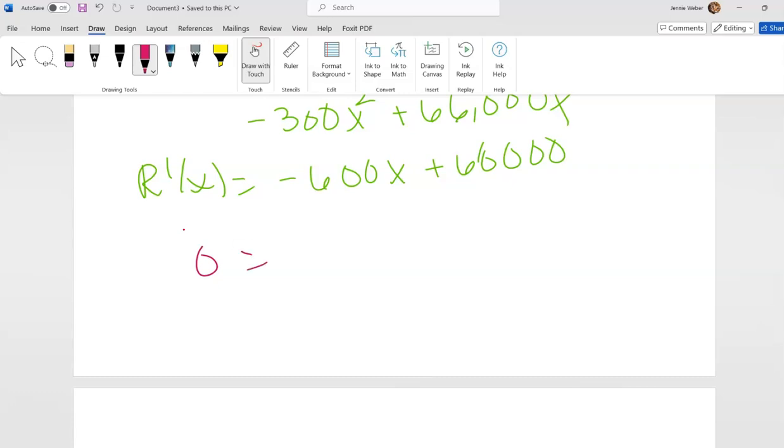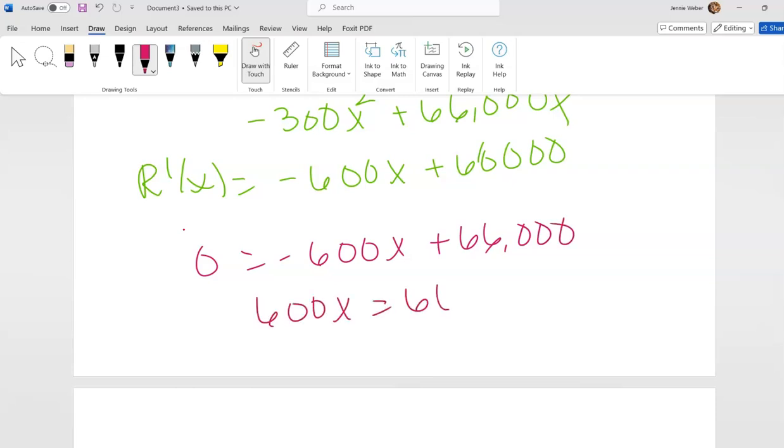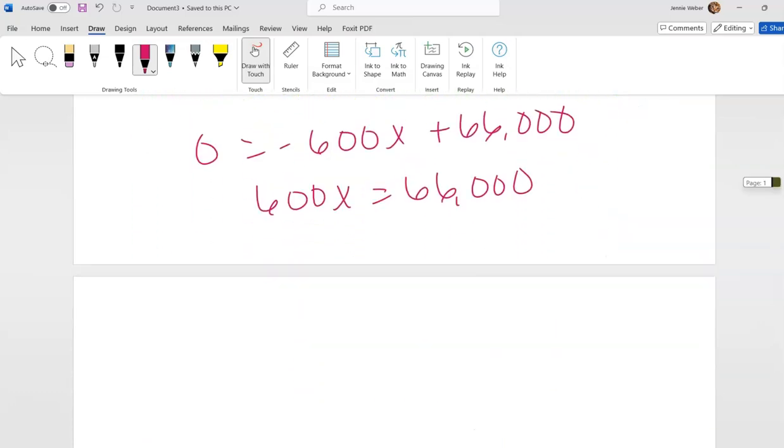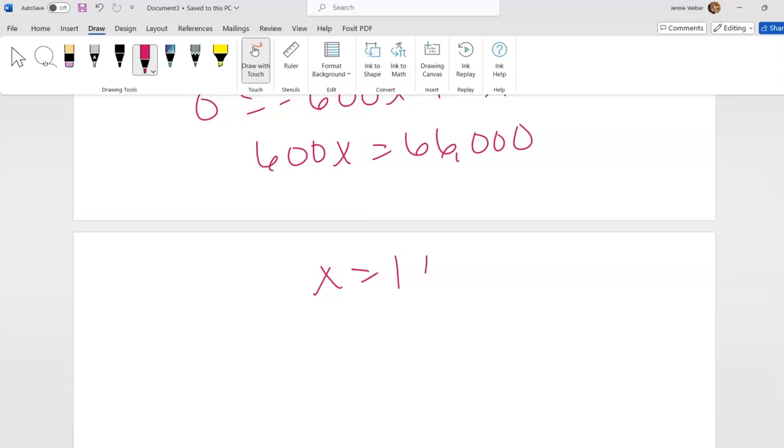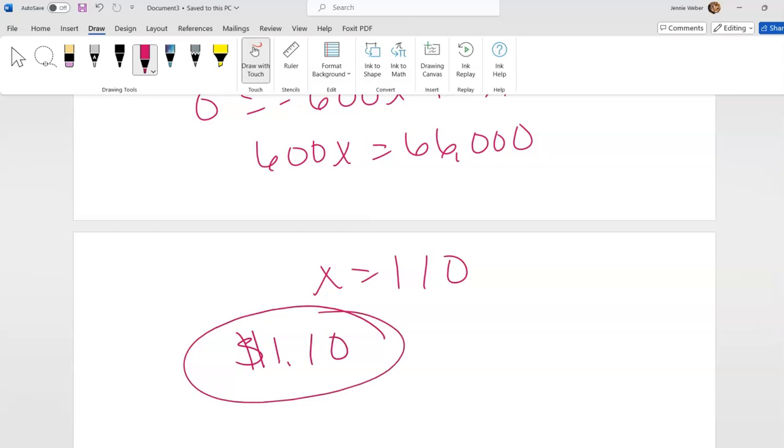So I'm going to set this equal to 0. Now I get 600x equals 66,000. And I divide and I get 110. That's cents, so that's $1.10. This is how much I should charge to maximize revenue.